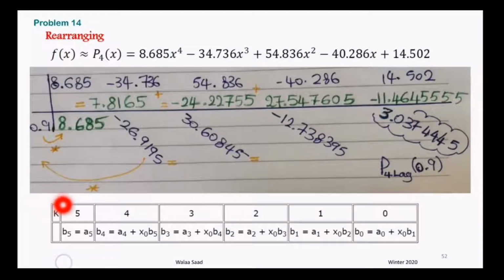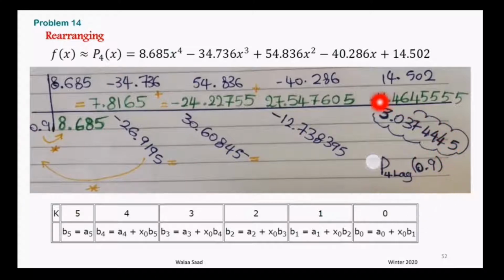It's symbolically written here. So this is the B5, which is the same as the fifth coefficient of x power 5. And then we will multiply this B5 by the x node plus the A4, or the x power 4 coefficient, and then here the x power 3 coefficient is added to the x node, which is the 0.9, the arbitrary x value that we are dealing with, times the B4, or the value we got here, and so on till we find here the P sub 4 of the 0.9.